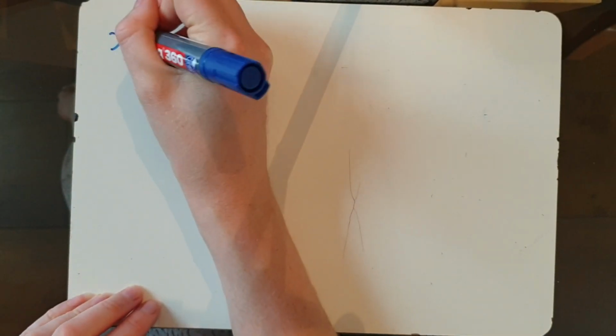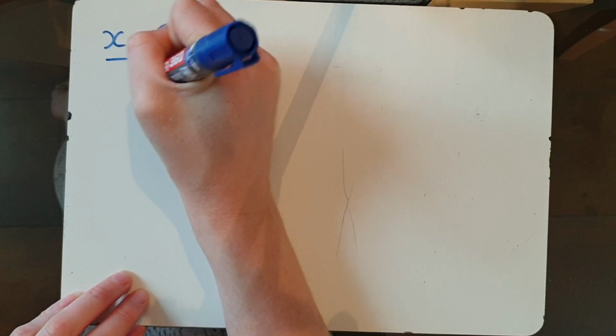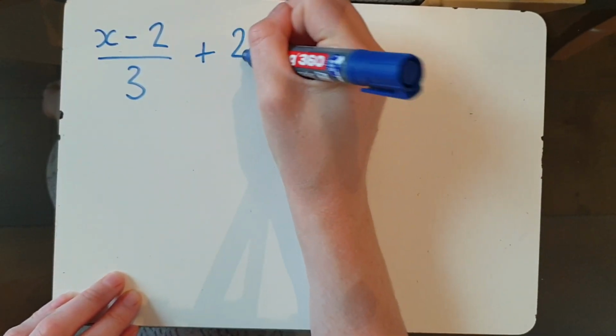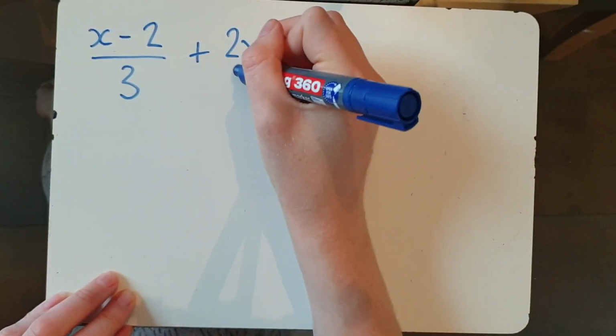Okay, so the main part of the lesson is adding and subtracting algebraic fractions. We use exactly the same method as we use for numeric fractions. So for our first example, (x minus 2)/3 plus (2x plus 3)/4.